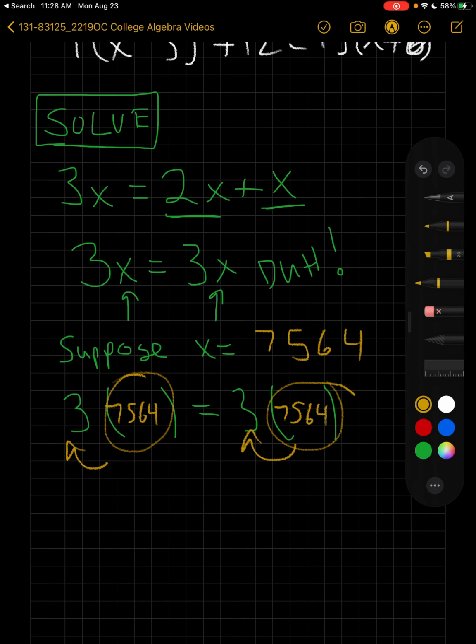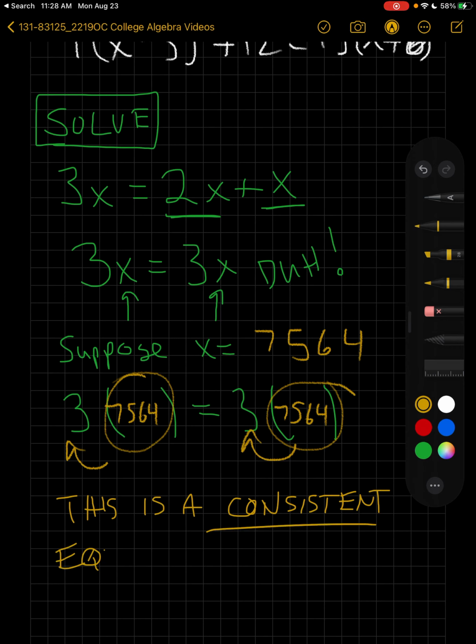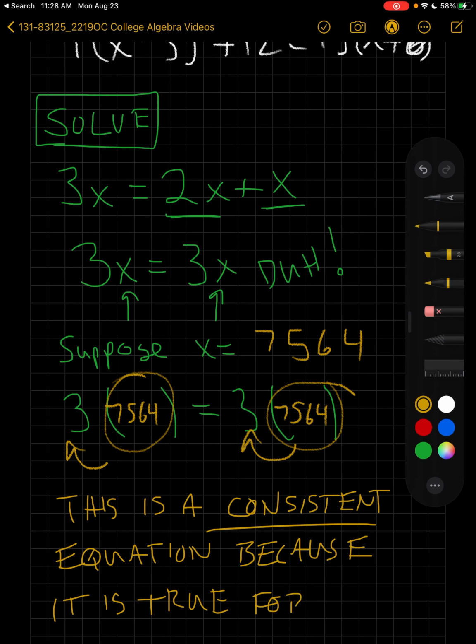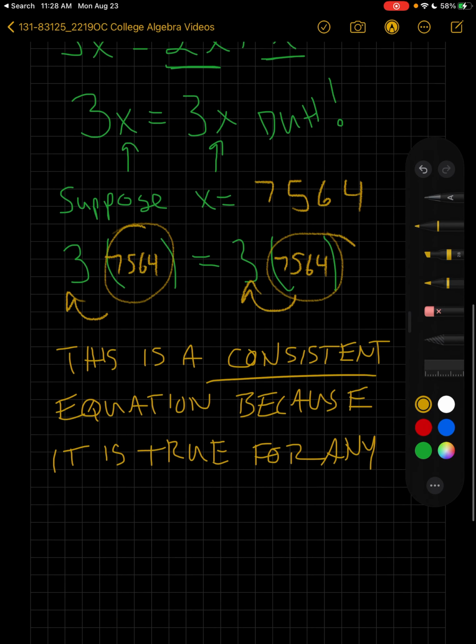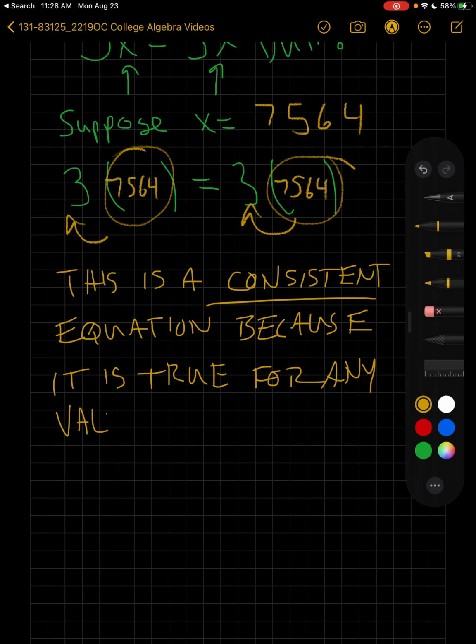So you would call this a consistent equation, because it is true for any value of x. That's a consistent equation.